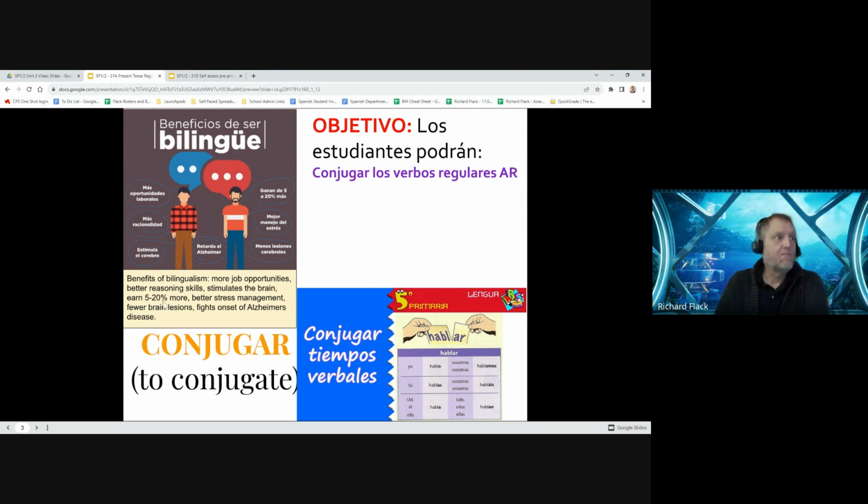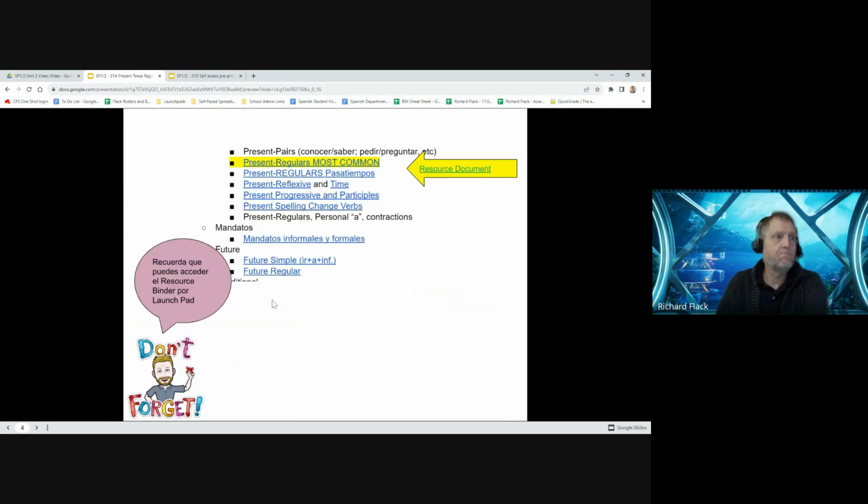You can earn 5 to 20% more. It is better stress management. You can have fewer brain lesions, right? So it actually promotes brain health. And again, another way it promotes brain health is by helping to fight the onset of Alzheimer's disease. So lots and lots of great benefits of being bilingual.